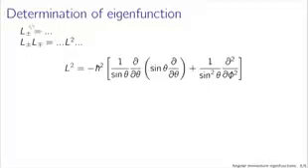L plus or minus being expressed in terms of Lx and Ly, going back to your notes from the lecture on the algebraic structure of the angular momentum operators, we can express L squared rather simply in terms of L plus and L minus. L plus and L minus being expressed in terms of Lx and Ly, we can make combinations of Lx and Ly.